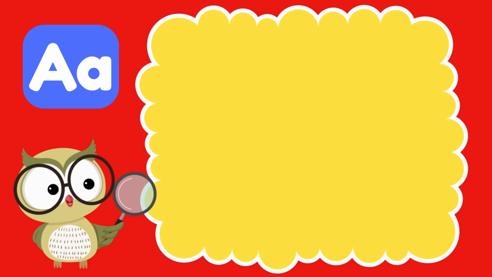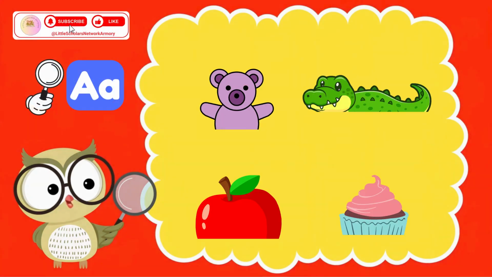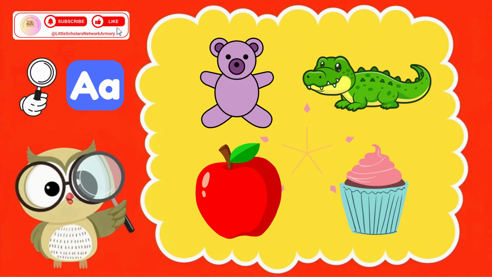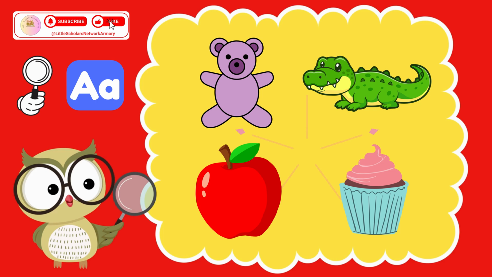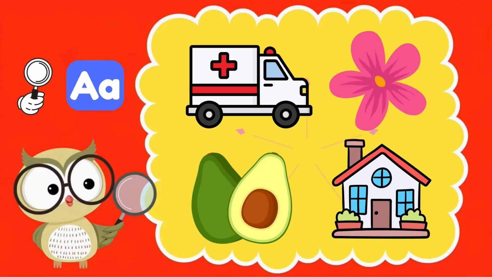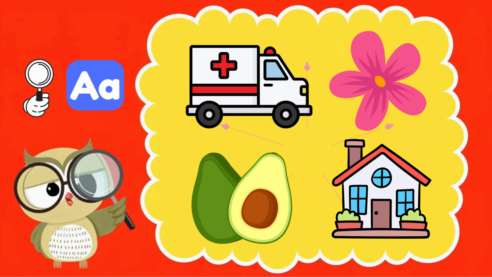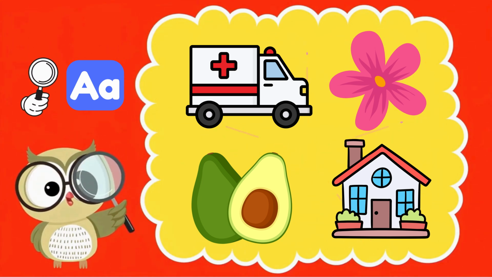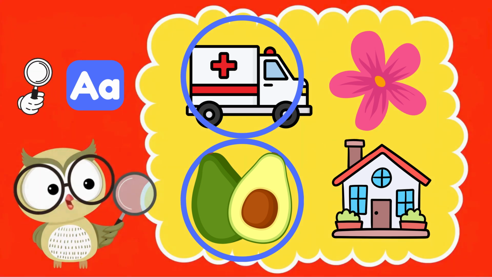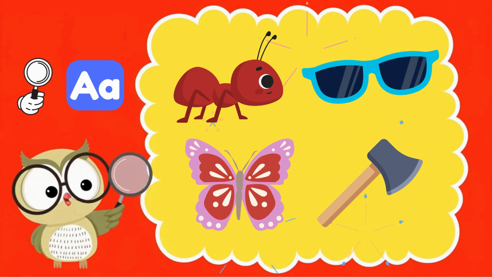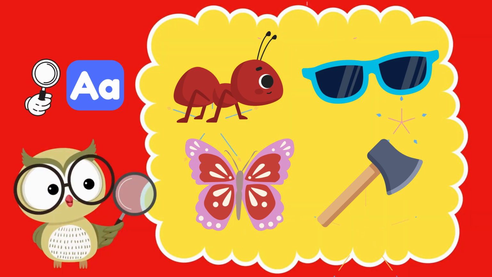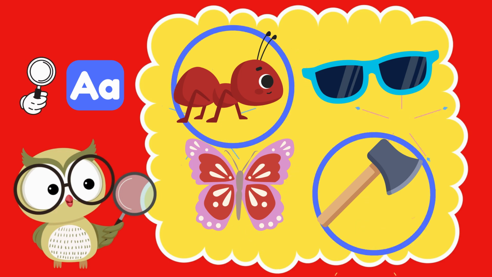Remember, the short A makes the sound A. Apple and alligator. Avocado and ambulance. Ant and axe.